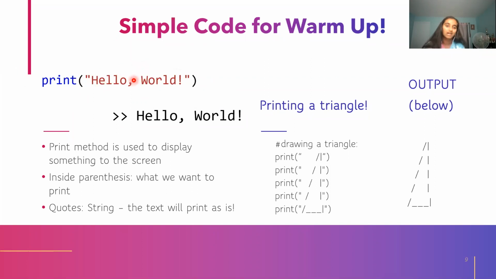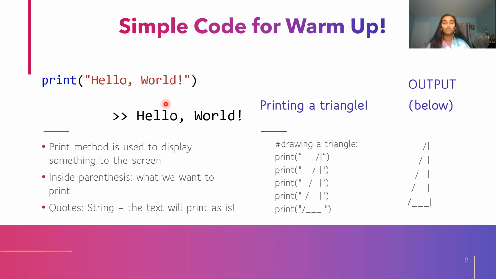There is a space inside, but whatever you have inside quotation marks is going to be a string. You may or may not have heard of strings. Strings are just text that, when you print a string, for example, is printed exactly as it is. So you see that I'm calling a print method, with parentheses following the keyword print, and I have quotations.